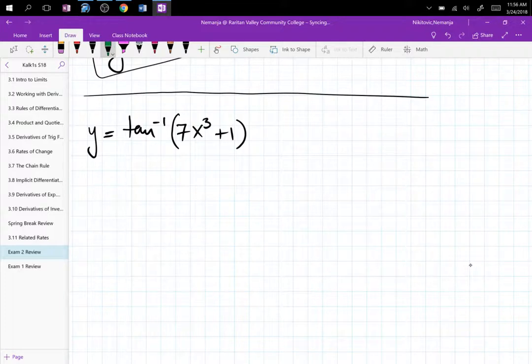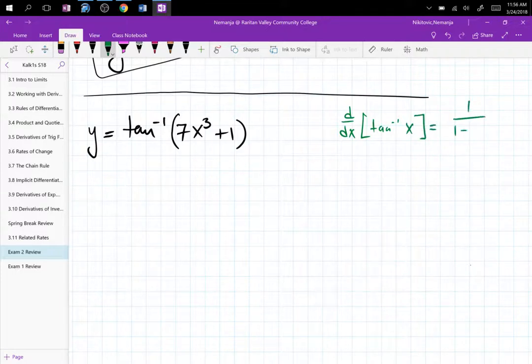Before we do this, I want to remind you of building up these formulas from the vanilla state to ones when you have a function, using the chain rule. So the derivative of inverse tangent of just x was 1 over 1 plus x squared. This is the one that you absolutely must memorize and know.